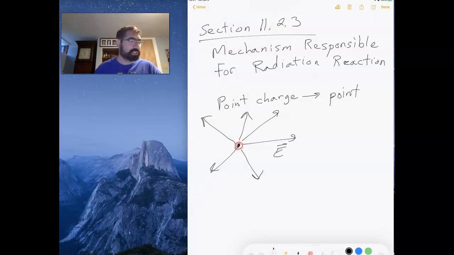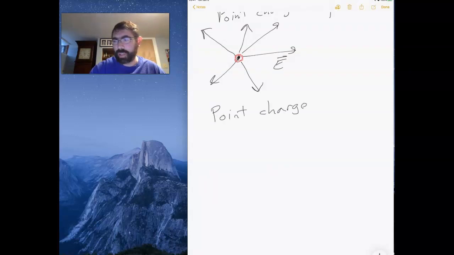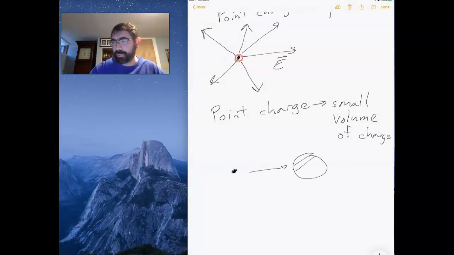So instead, what we're going to do is come up with a model and say that there is no such thing as a point charge. The point charge is just a very, very small volume of charge. So instead of a point, we zoom in, and at very small scale we have a sphere of charge.